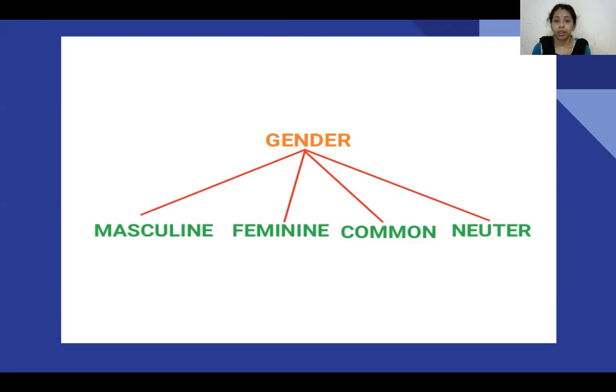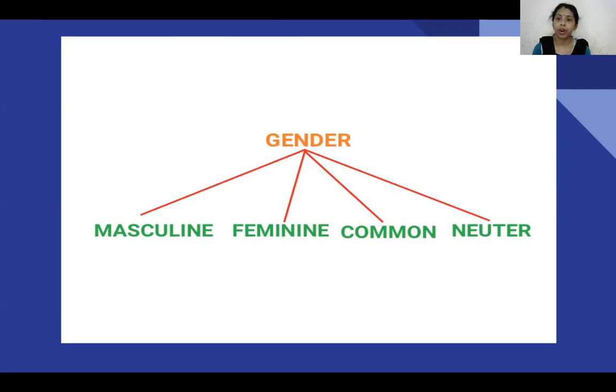All the human beings in the world have these two categories. Either they are girls or they are boys. All the girl human beings are called female and all the boys are called male.